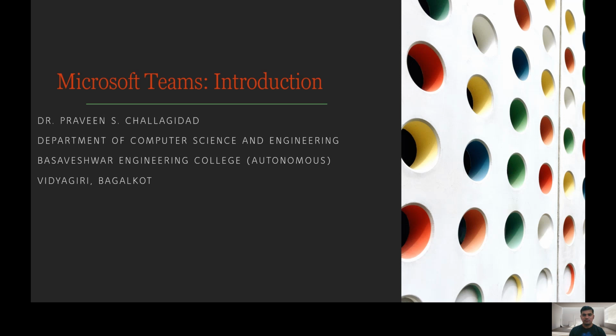The first option is PowerPoint sharing. Let me share, and once you click on that, it will display this. If the PowerPoint is already uploaded, then the PPTs are displayed.